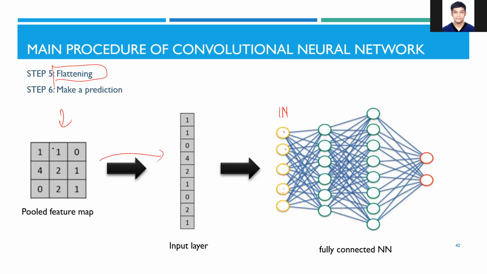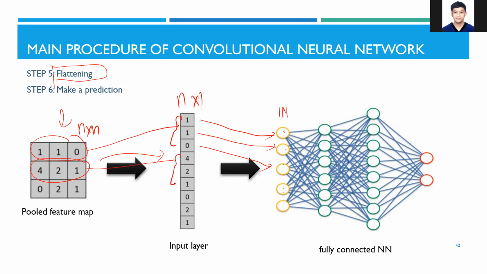Flattening is simply making it into an n by 1 matrix, because each of these will be represented by one node. So this one is 1 2 3. The second row is this one, 1 2 3. The third row is this one, 1 2 3. Just rearrange. Okay, flattening. And after this, we are already using the basic NN, the basic one.